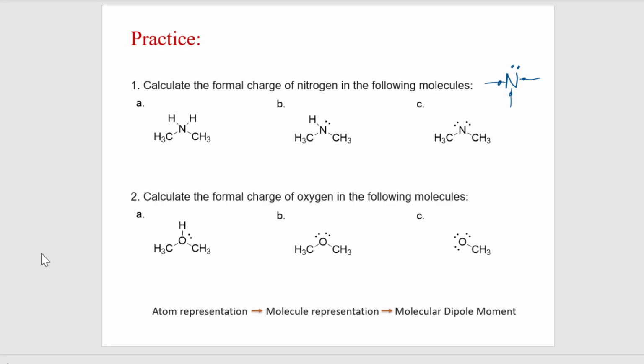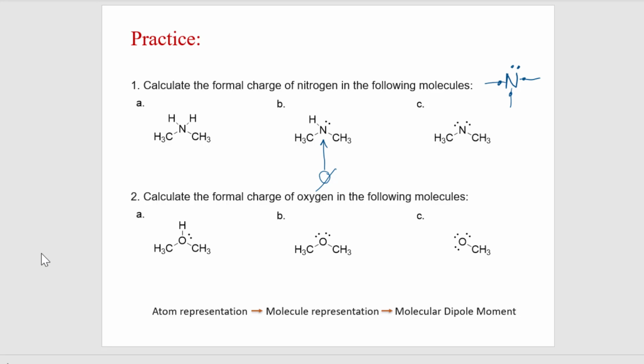Which, as drawn, have 3 bonds and a lone pair? That nitrogen has no charge on it. This molecule, if you look at every single atom, meets its normal bond trend. The whole molecule is neutral.